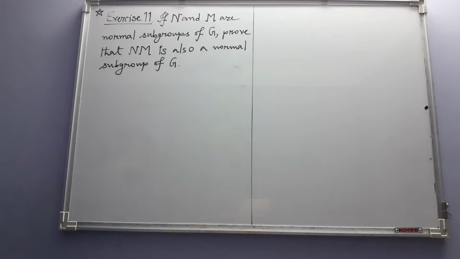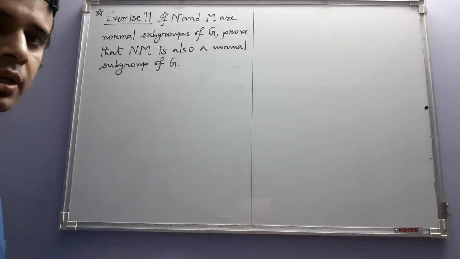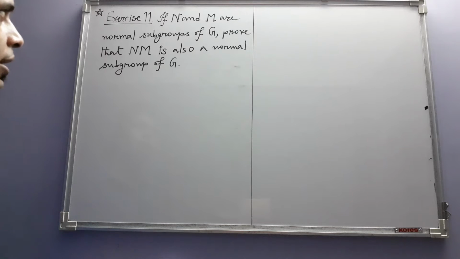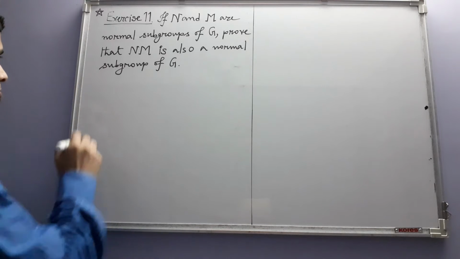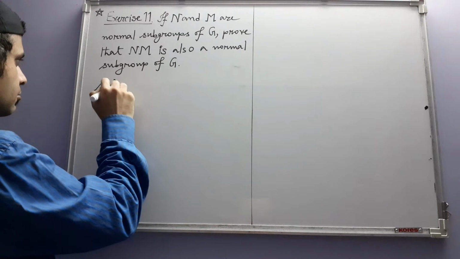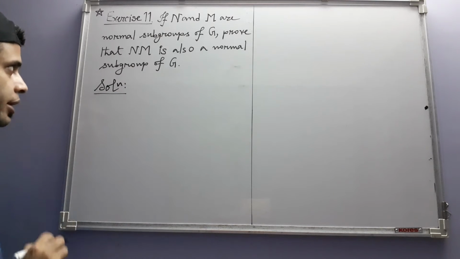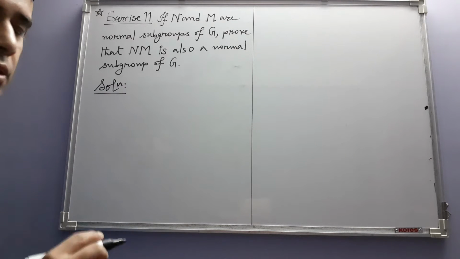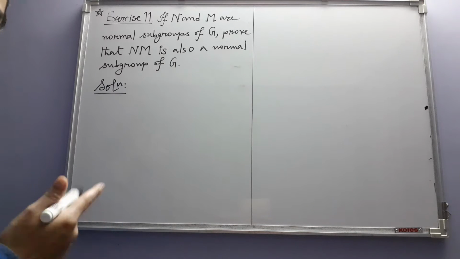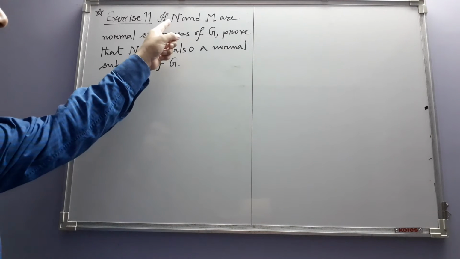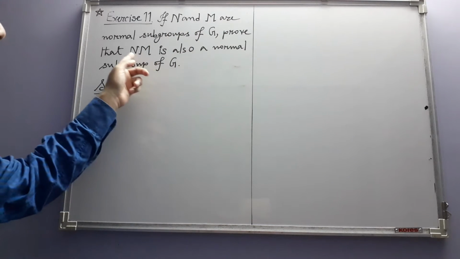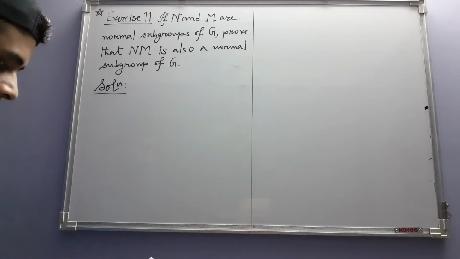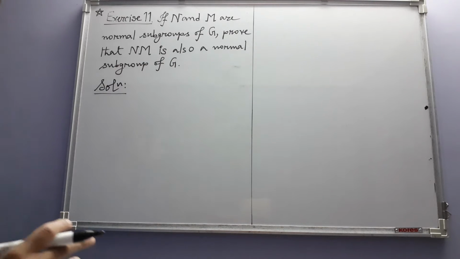Next, exercise 11. Here we are given two normal subgroups N and M of a group G. We have to prove that their product is also a normal subgroup. Note that from a previous exercise we already know that NM is a subgroup of G, because N is normal and M, although normal, is after all a subgroup of G. That is precisely exercise 3.